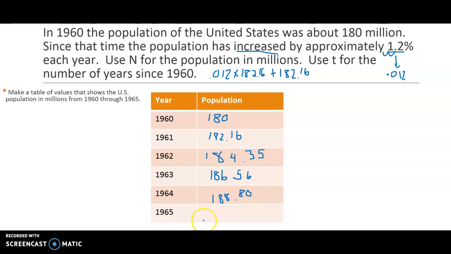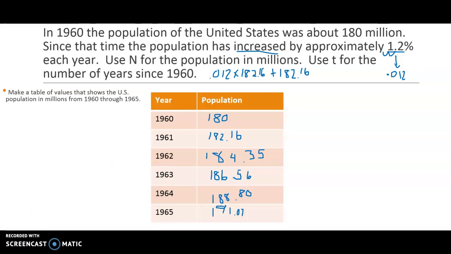And I did it one more time, and I got 191.07. So I have a function that was given to me in words. Those are the words at the top of the screen. By using those words, I have calculated values. So I have a function given by data at this point.